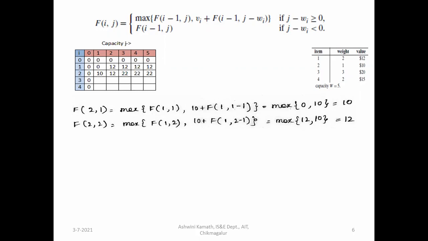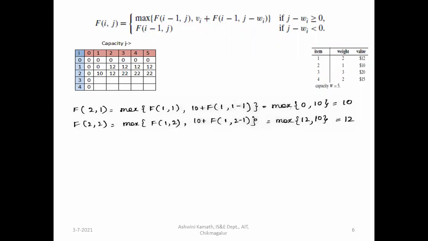So we have f of 1 comma 0. 1 comma 0 is 0. So 10 plus this 0 is 10. Among 0 and 10, 10 is maximum. So assign 10 to f of 2 comma 1. So f of 2 comma 1, second row, first column, is equal to 10.